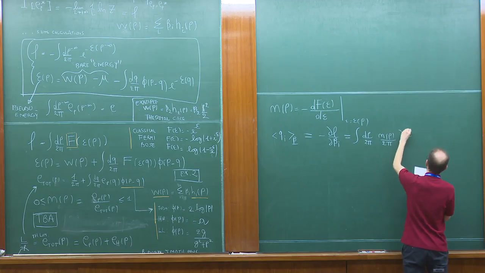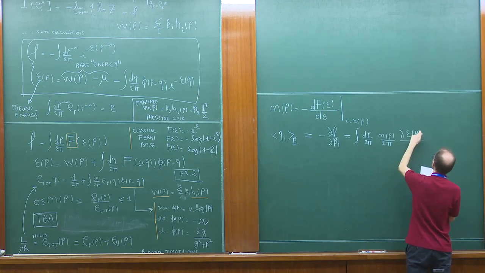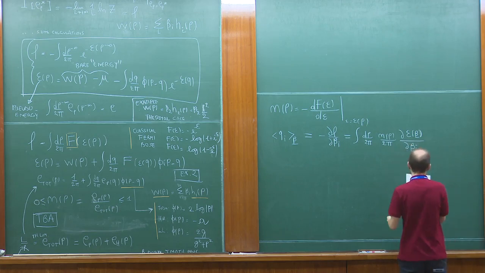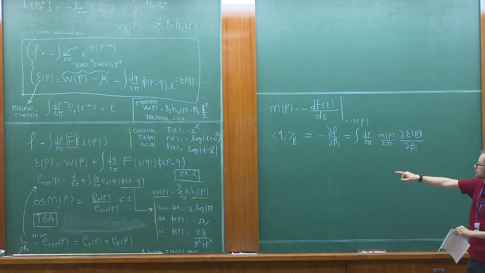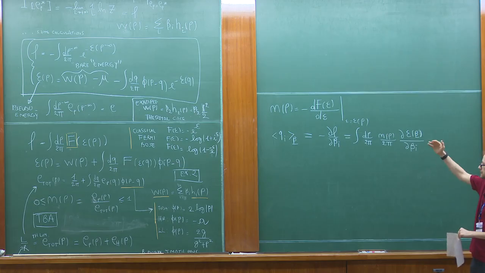This is an application of the chain rule. When you take the derivative of this capital F with respect to beta, you take the derivative of capital F with respect to epsilon times the derivative of epsilon with respect to beta, so the chain rule property.